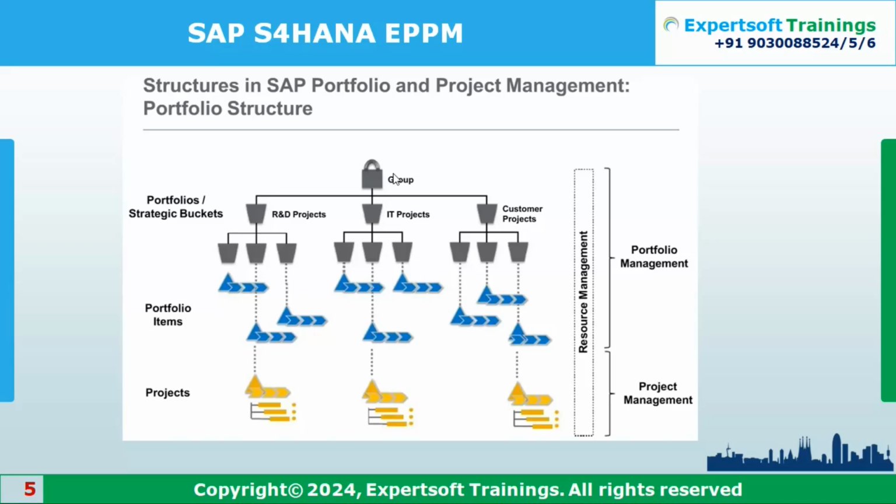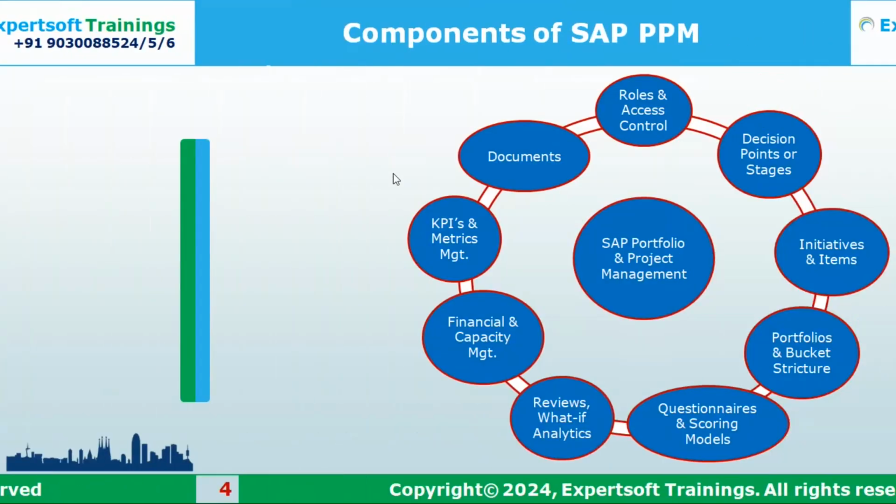So now if I want to run a report at the top level, I want to see it on different bucket levels also. What is my Geo doing, what is my oil and gas doing, and if I'm doing some other customer projects, what exactly is going on. Those things come under this.